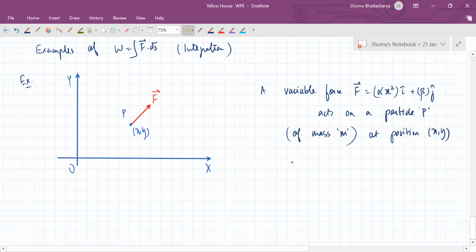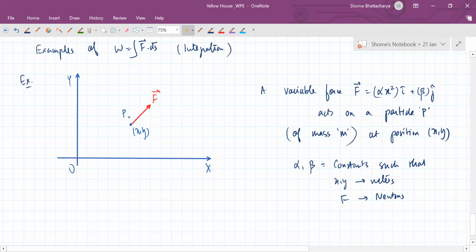Here alpha and beta are constants such that x, y are in meters, so the force is in newtons.